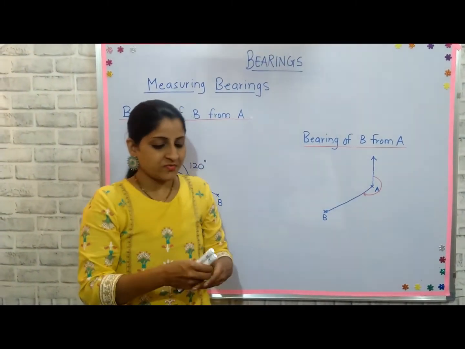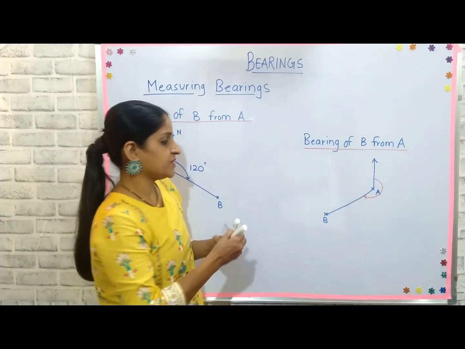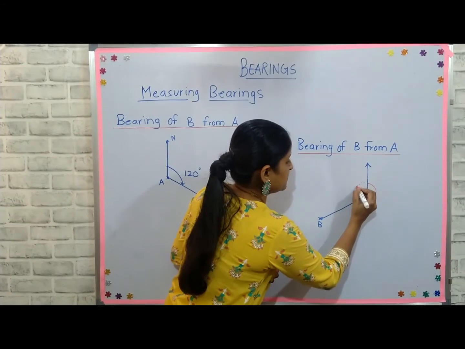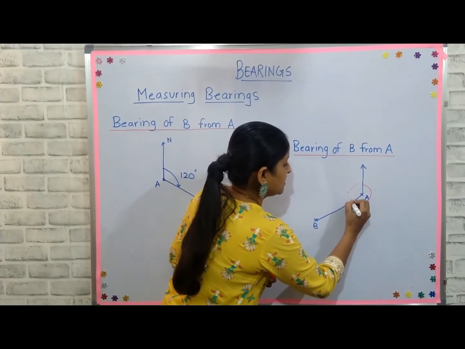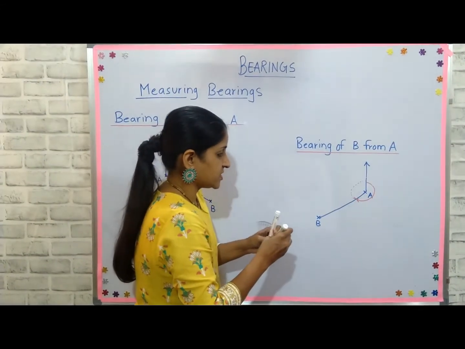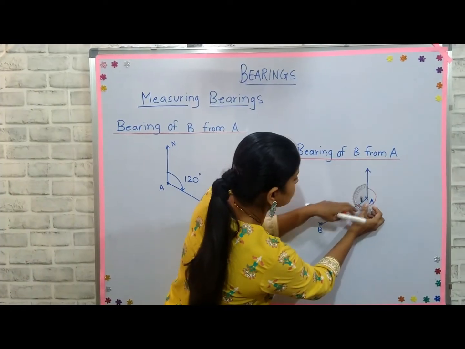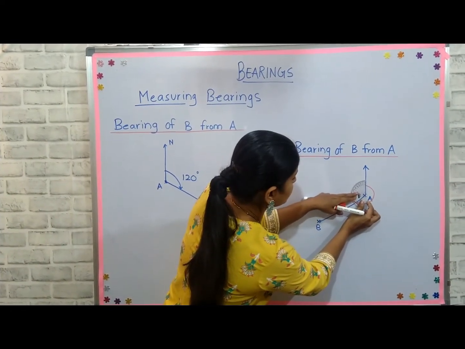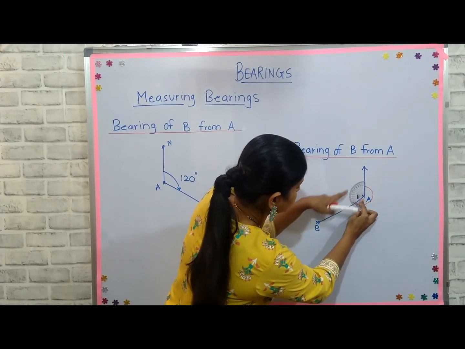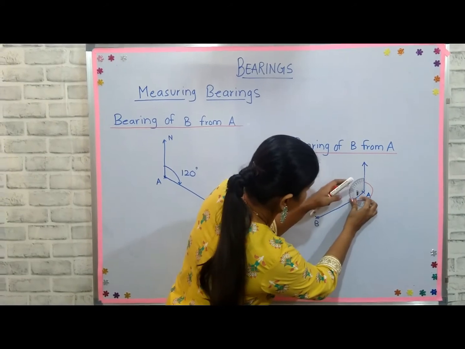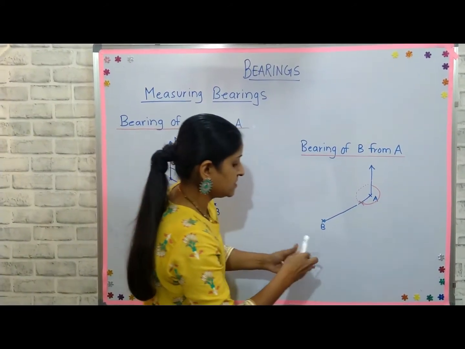For that, we can use a simple trick. In that case, we temporarily measure the bearing in an anti-clockwise direction by keeping the protractor here. This angle comes out to be 125 degrees.